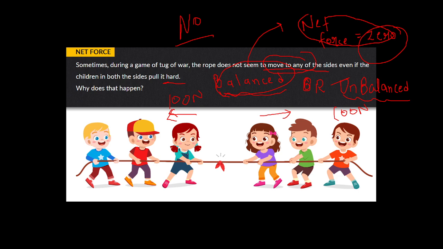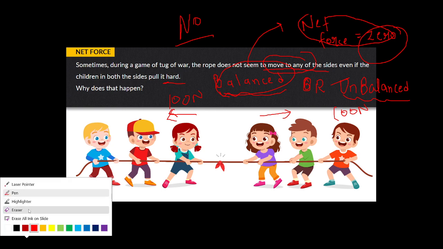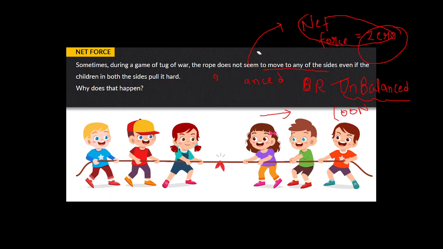What is balanced force? Balanced force is equal. Very good. Unbalanced force is not equal. This is equal height. This is unequal height.